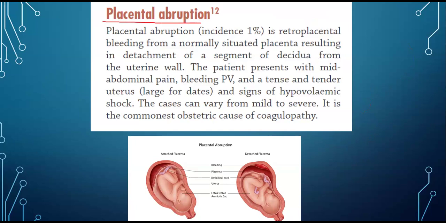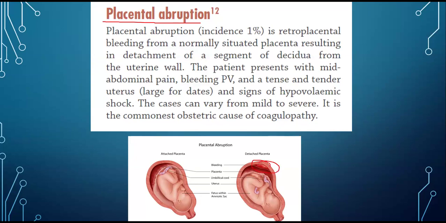Placental abruption. So what is abruptio placenta? If you look over here, the placenta is attached to the uterus, right? And the placenta will be detached only after the delivery of the baby. That's how it should occur. But before delivery, if the placenta gets detached from the uterine wall, that is what we call placental abruption. So when it gets detached, the patient can start bleeding.